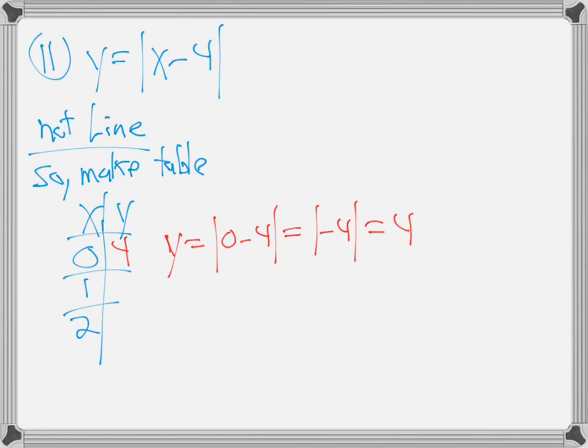Let's do the next one. So y equals, now we're going to plug in a 1. Again, I don't make it positive right now. I first work out the problem and then make the final answer positive. So first, 1 minus 4 is -3. And then the absolute value of -3 is plain 3, positive 3.